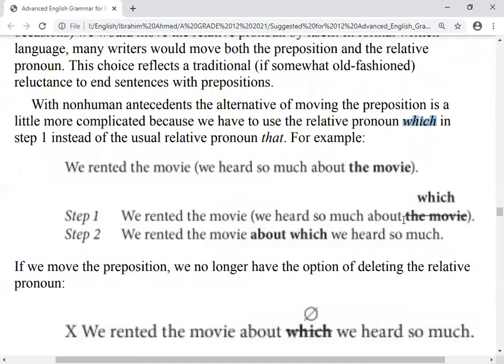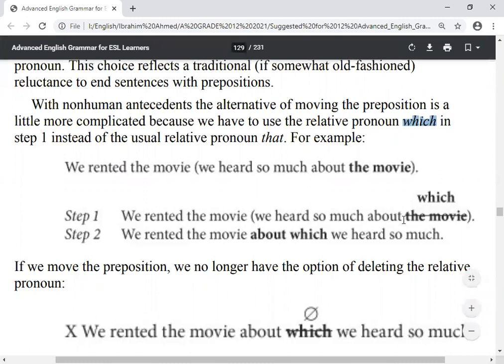Look at the example. We rented the movie. We heard so much about the movie. So the movie is non-human and it's the object of a preposition, so we replace it with which. Okay. Step 2: we rented the movie about which we heard so much.